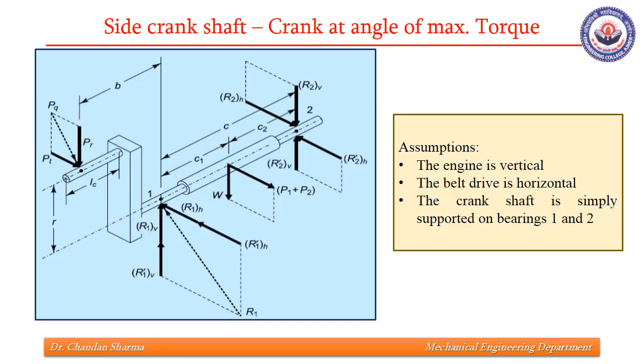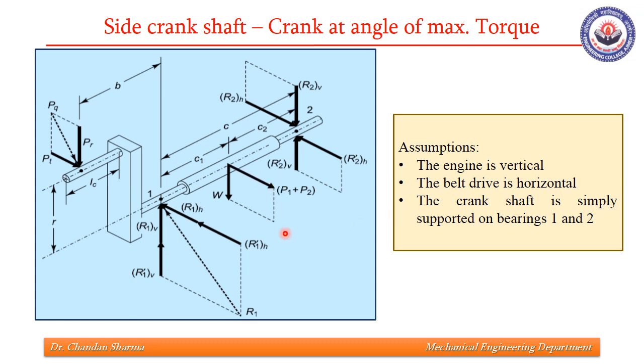This is the line diagram of forces which will act on bearing 1 and 2 and on the crank pin. This PR force and PT force, which is component of force PQ, and this W force vertical downwards, and this P1 plus P2, this is belt tensions in the horizontal direction.